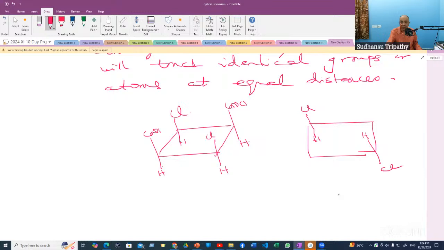This is a square, a cyclobutane derivative. Now tell me, in the first molecule what is there, and in the second molecule what is there. Both are achiral.